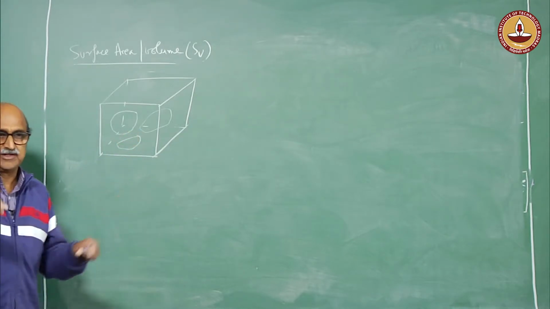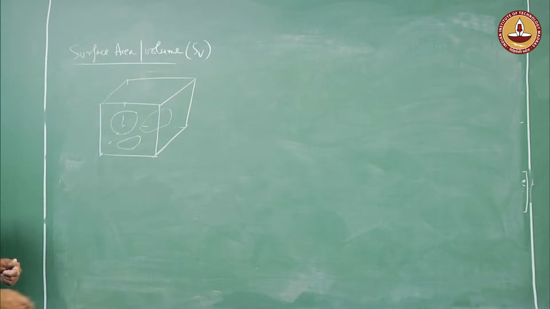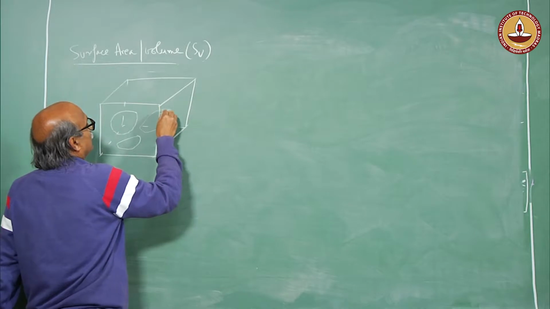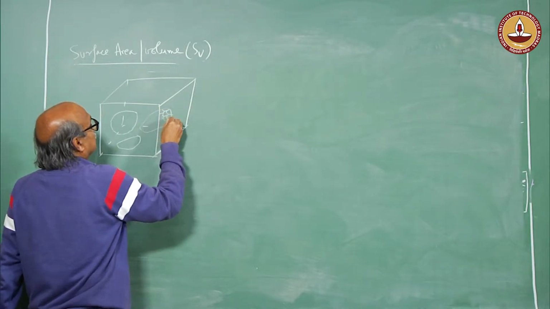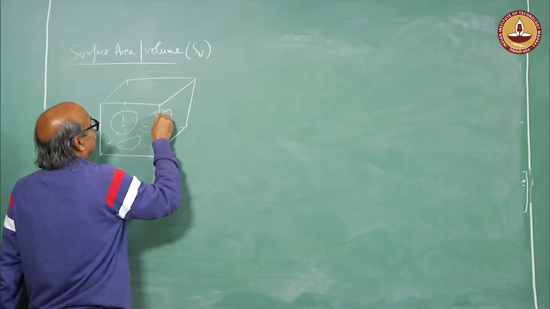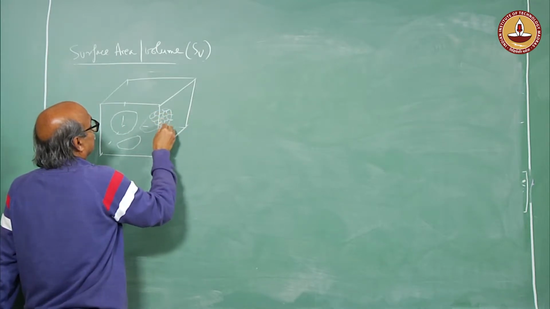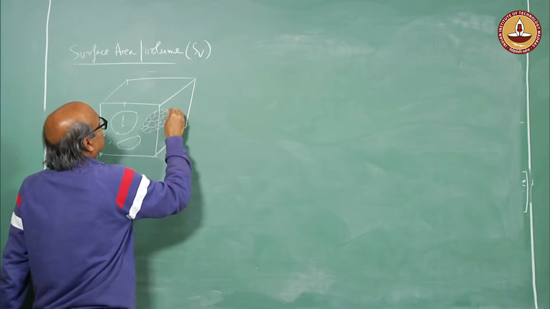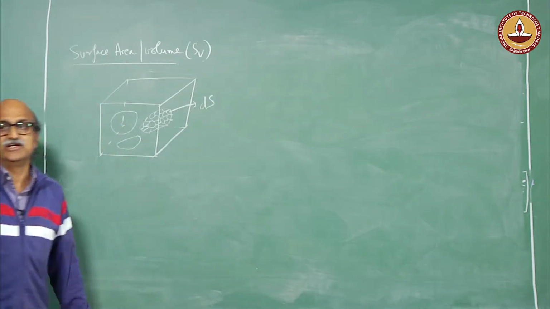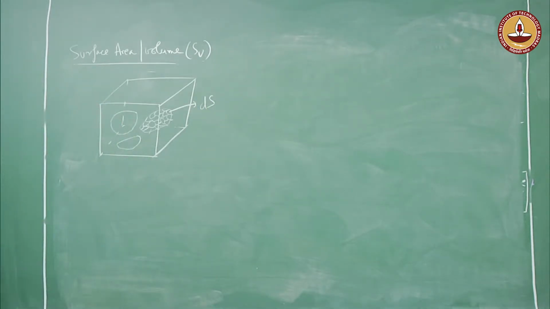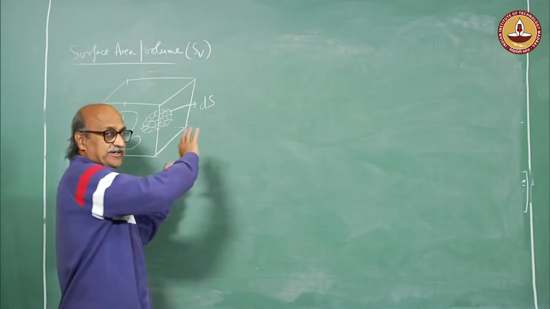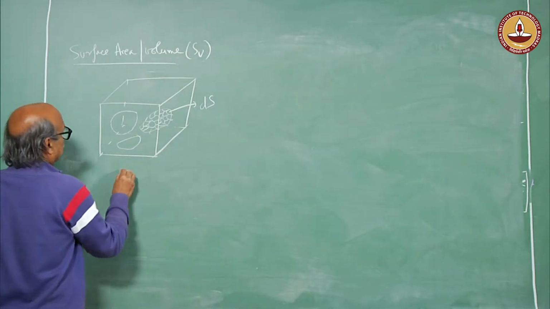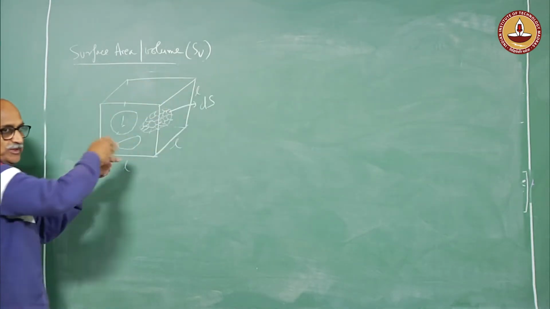Just like I had divided the lines into small infinitesimal elements, I divide the surfaces also into small infinitesimal areas, each of them having an area ds. And these area elements are randomly oriented and randomly distributed in the 3-dimensional structure or within the cubic space.